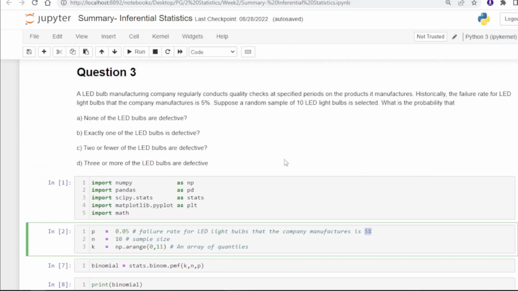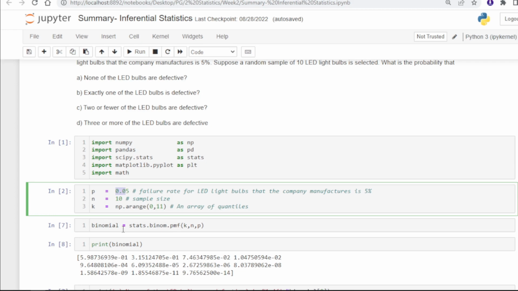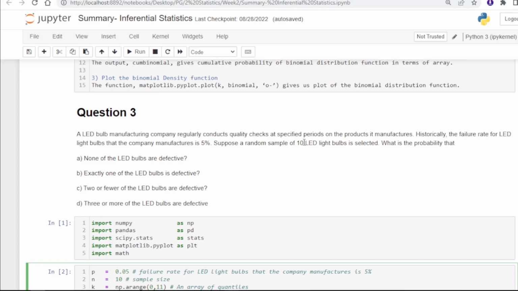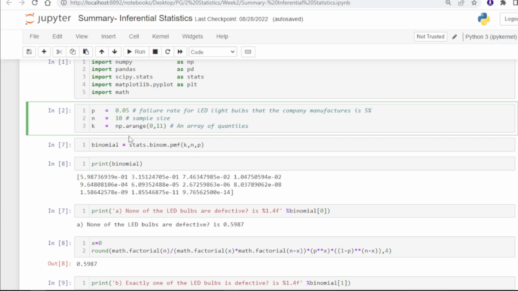As in the question, the failure rate is 5%, so we have given that as p. n is our sample size, which is the random sample of 10 LEDs, right? So we get n, and we get k for those quantiles, right? How will we get those values from 0 to 10?